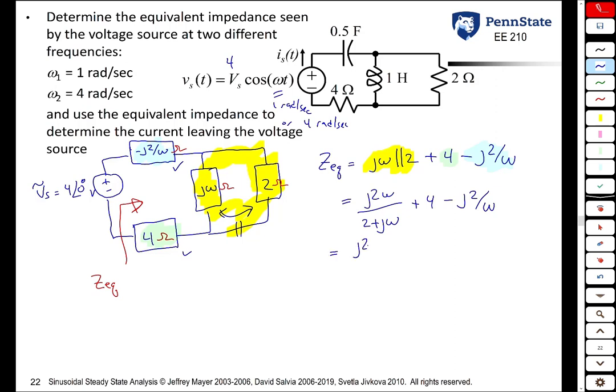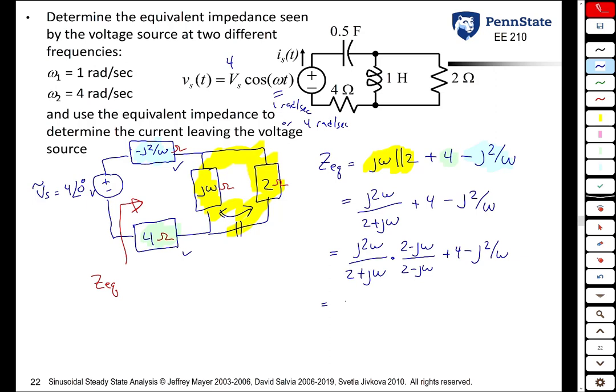First term, let's multiply it by its complex conjugate to get a real denominator. We now get j2ω times minus jω. j squared is -1. That cancels with that minus.